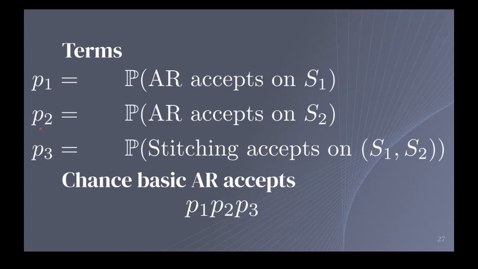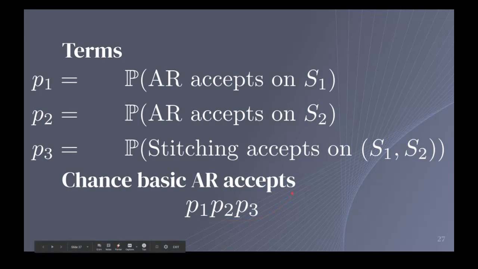Similarly, P2 is going to be the probability that acceptance rejection accepts on S2. And P3 then is going to be the probability that stitching accepts on S1 and S2. So given a sample from S1, given a sample from the density on S2, P3 is the probability that we accept them as a stitched together sample over the entire space. So the chance that basic AR with stitching accepts is going to be P1 times P2 times P3.